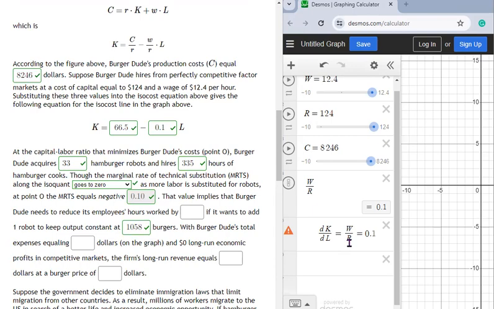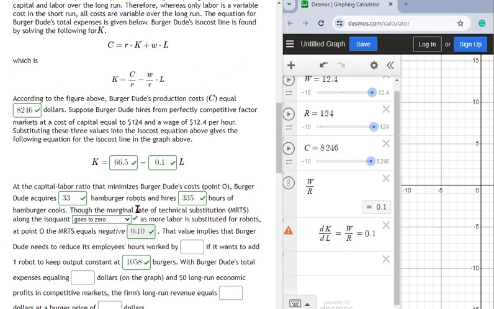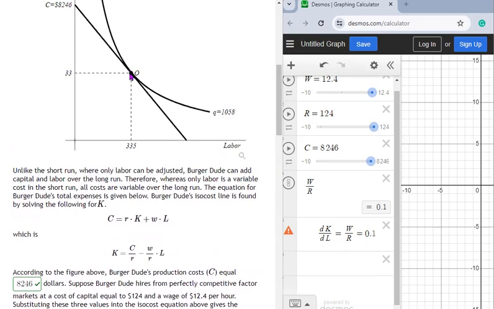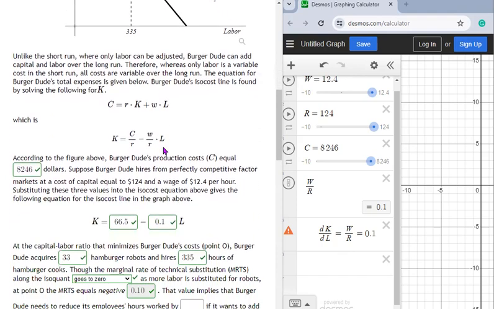Okay. So what we need to do here is look at the marginal rate of technical substitution at 0.0, which equals 0.1, right? The slope of the curve equals the slope of the line, 0.1.